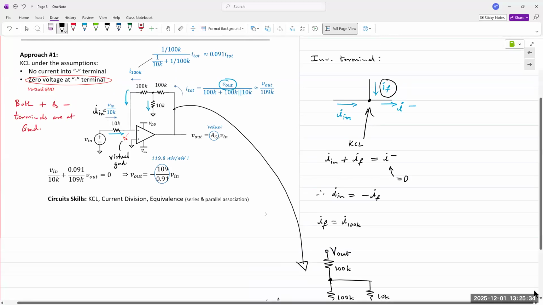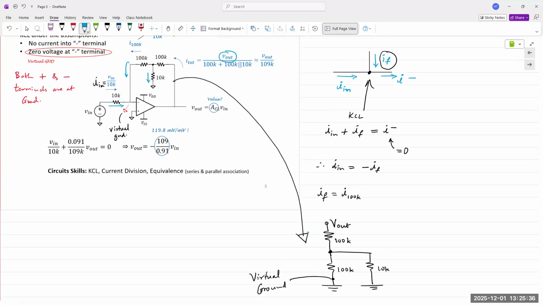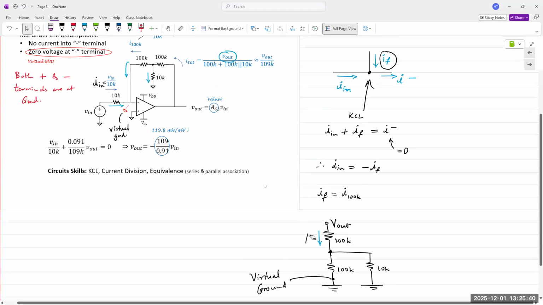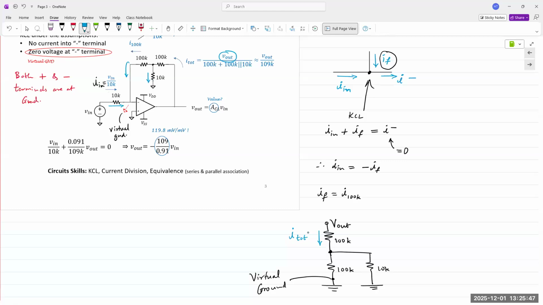And we have I total coming from the top. So this is I total, coming from the top.